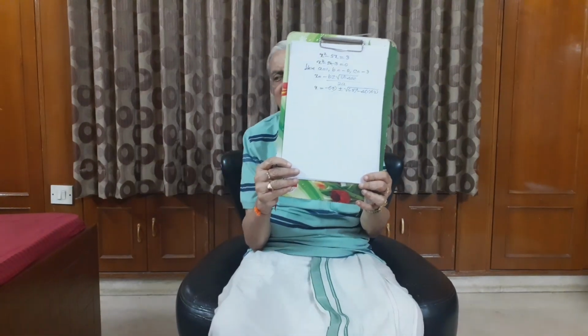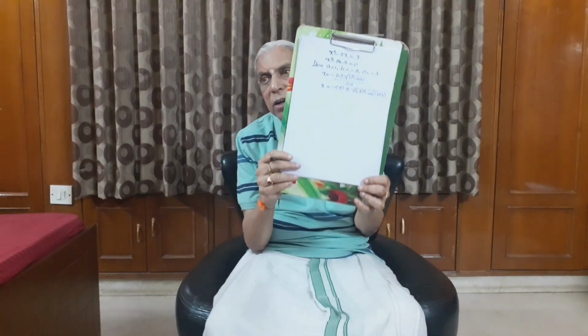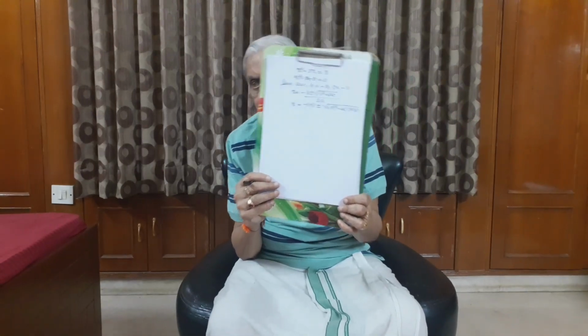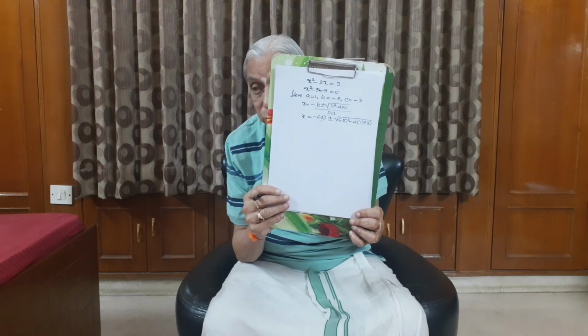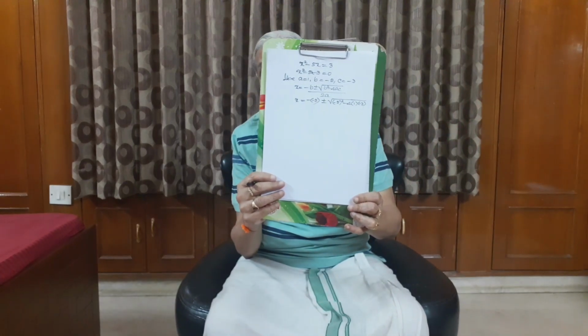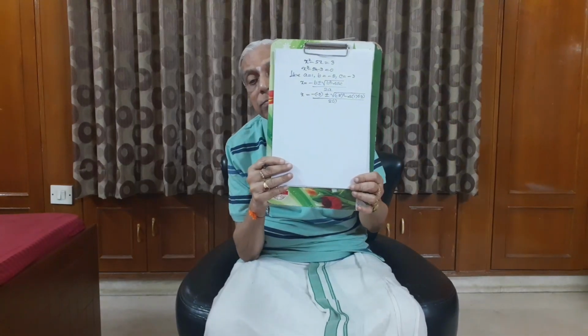It has to be correct. The b squared minus 4ac value has to be correct. b squared means minus 5 the whole square, minus 4 into, what is the value of a? 1. What is the value of c there? Minus 3. Whole divided by 2a. 2a means 2 into 1. I hope you understood. Then you simplify it further.